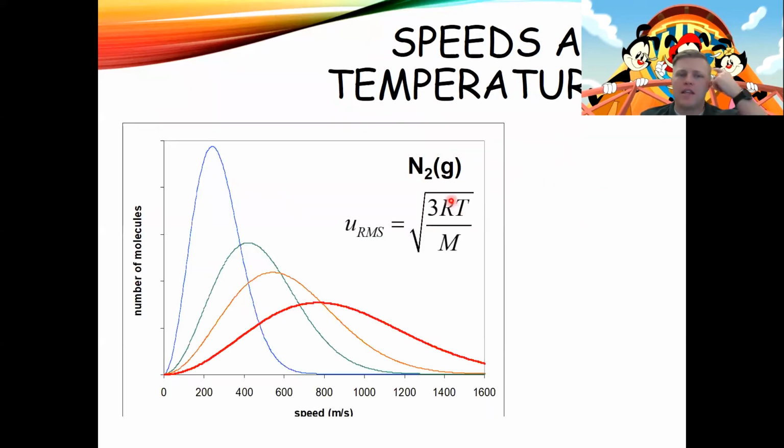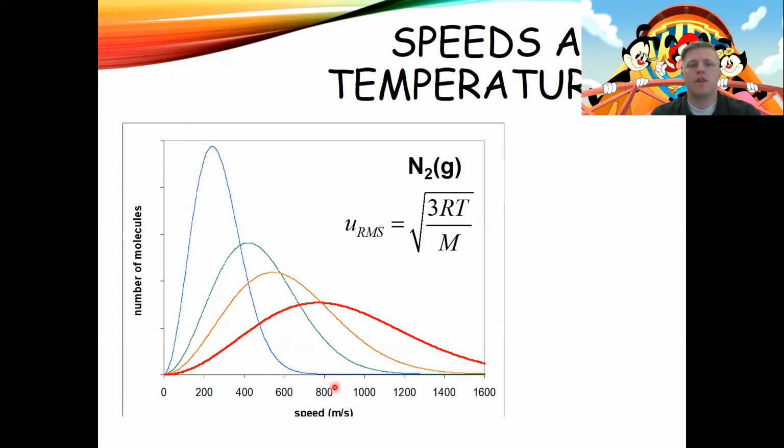Let's look at this equation and how our speed is affected by temperature. So how does the temperature of the gas affect the speed of the gas molecule? Now, if you'll notice here in the equation, the temperature is in the numerator. So in other words, as temperature increases, our speed should increase.